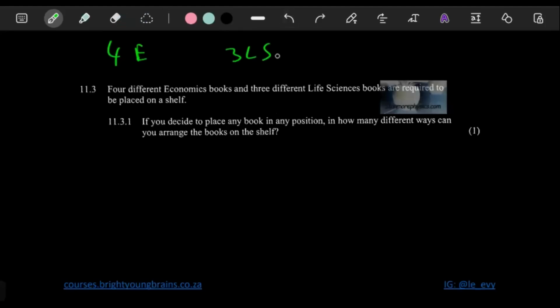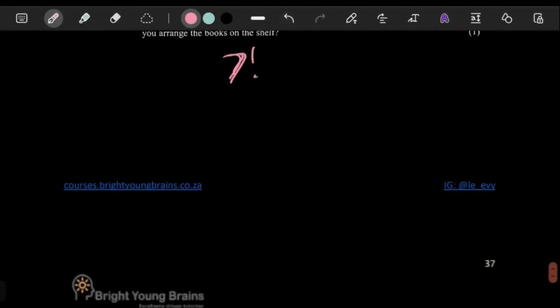Then it says if you decide to place any book in any position, in how many different ways can they be arranged on a shelf? Well, it's 4 objects plus 3 objects, so they can be arranged in 7 factorial ways, since there are no restrictions.